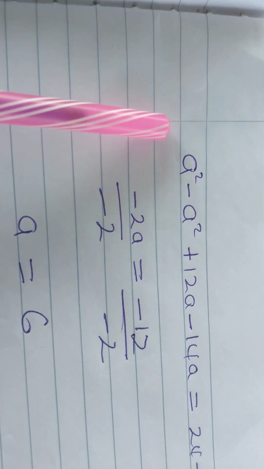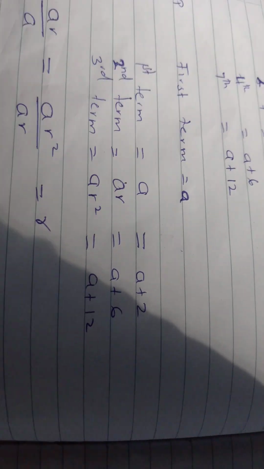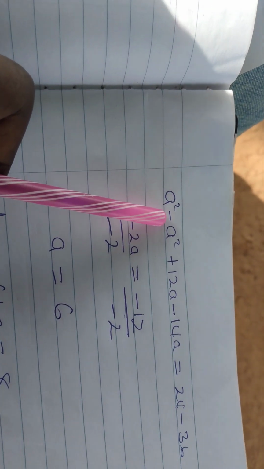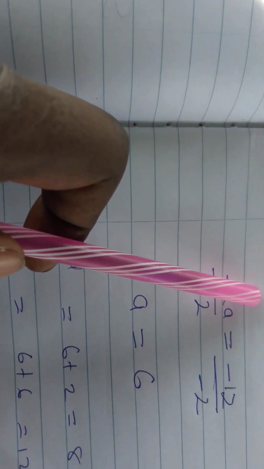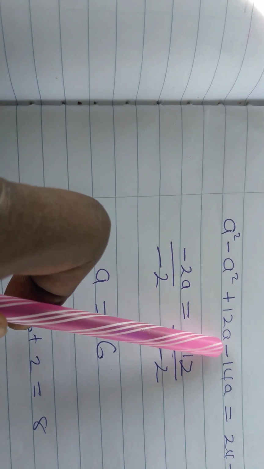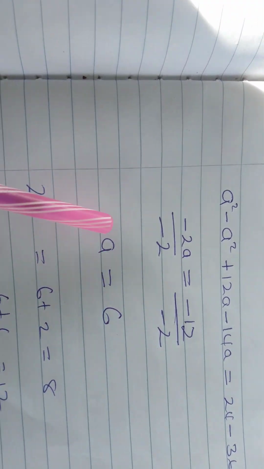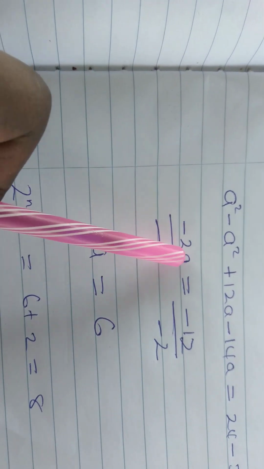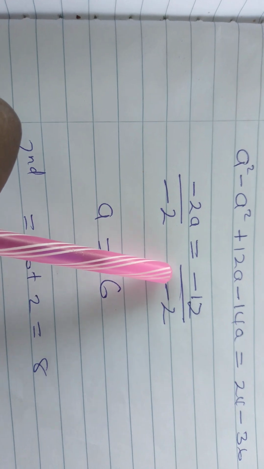Okay, let's go on. If we bring the A's to one side, A squared cancels with A squared, and I have 12A minus 14A, which is negative 2A, equal to 24 minus 36, which is negative 12.